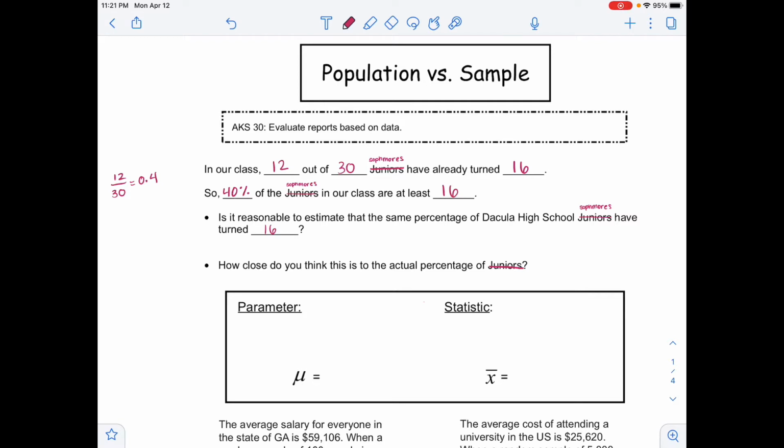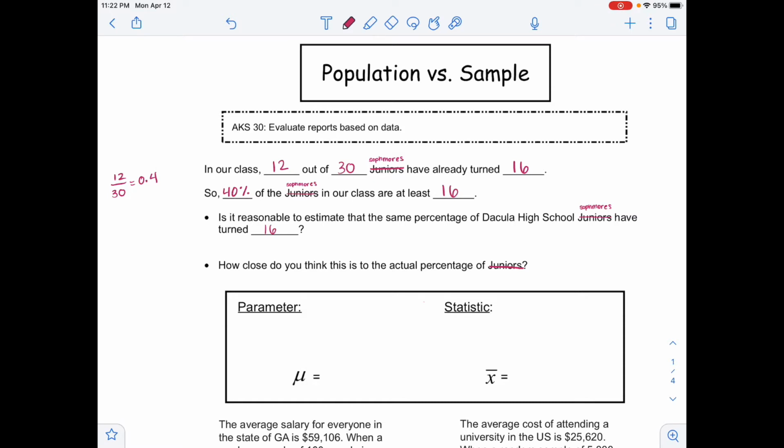Well, this is a good example of population versus sample. Here I want to know what percentage of Dacula High School sophomores have turned 16. My population is the entire Dacula High School sophomore class. But it would take a long time for me to go around and ask every single sophomore how old they are.